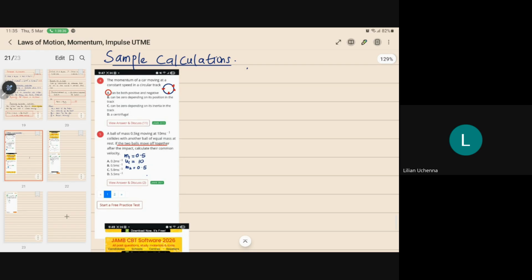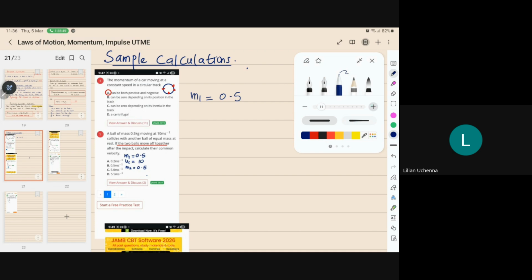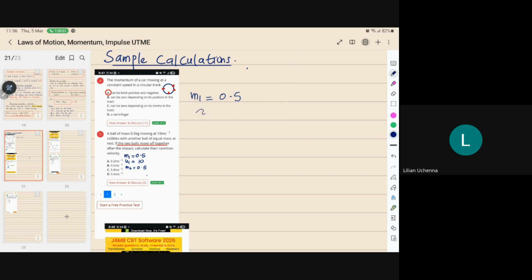Now, you've looked at the question already, so I just want to bring out the data that we have. We have M1 is equal to 0.5. M2 is also equal to 0.5. U1: a body of mass 0.5 moving with 10 meters per second collides with another of equal mass at rest.